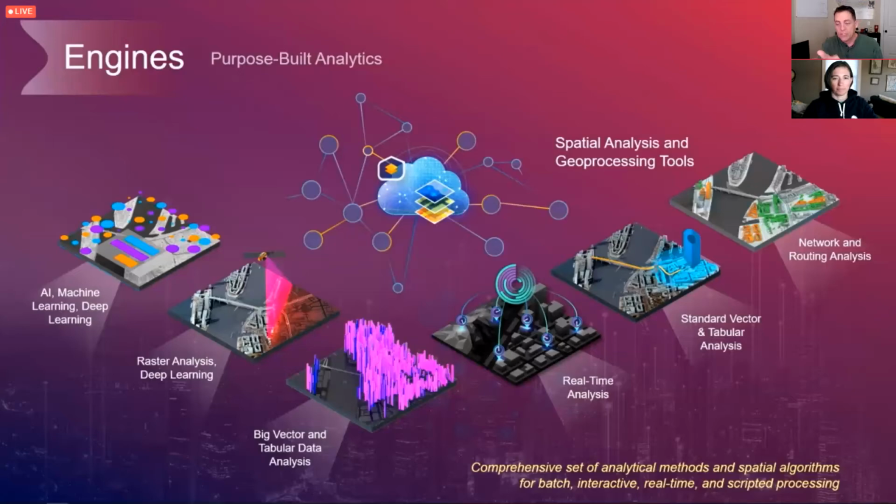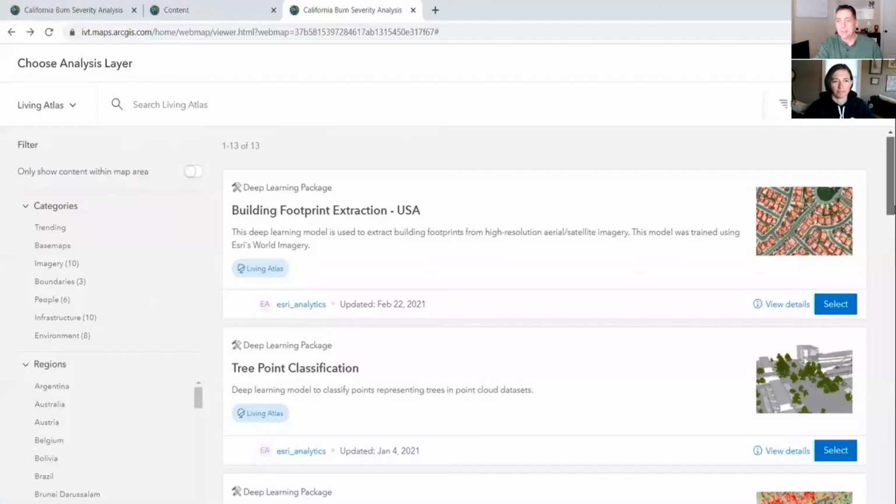But you mentioned these engines out there that help us process this information. I noticed that again today, just like yesterday, they kept showing how the Living Atlas is growing with these tools and packages and models for deep learning and other solutions that are available to us online, on-premise and within desktop to extend that capability, using those built-in engines to analyze and work with imagery data and point cloud data and all these different types of information, which I thought was pretty impressive.